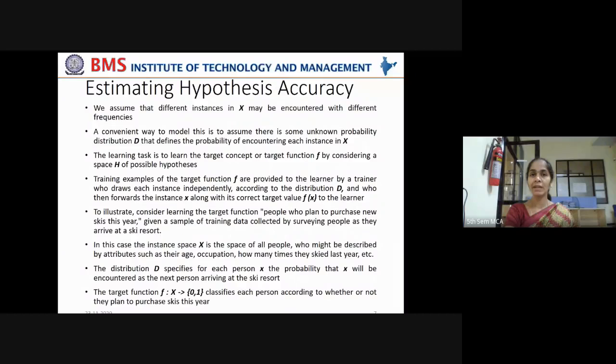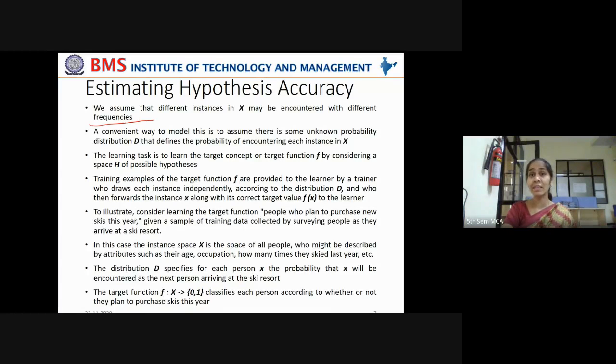Now we assume that different instances in X may be encountered with different frequencies. We can't say that 50% of the training examples prefer to ski and 50% don't want to go skiing in the vacation, right? Like that, different frequencies are there.